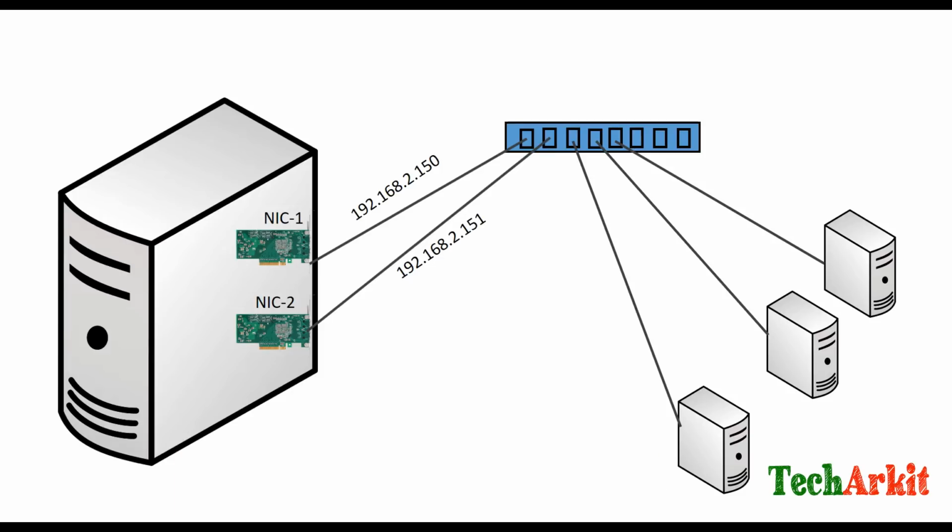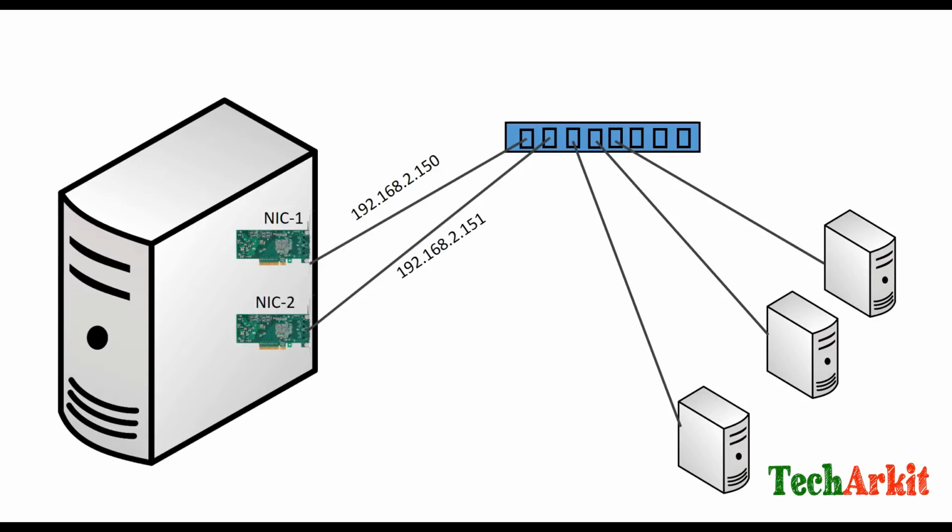If one fails, the other provides redundancy, but both NIC cards work individually, they are not teamed. So they have 2 IP addresses, one is 2.150 and the other is 2.151.